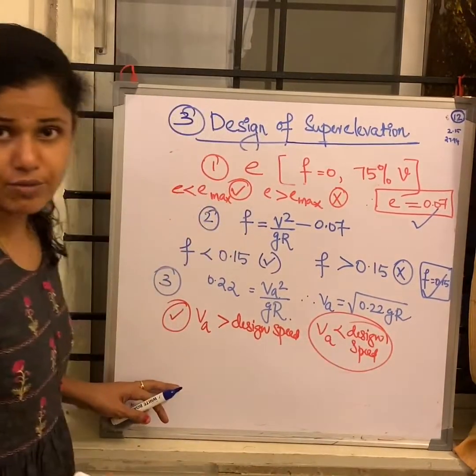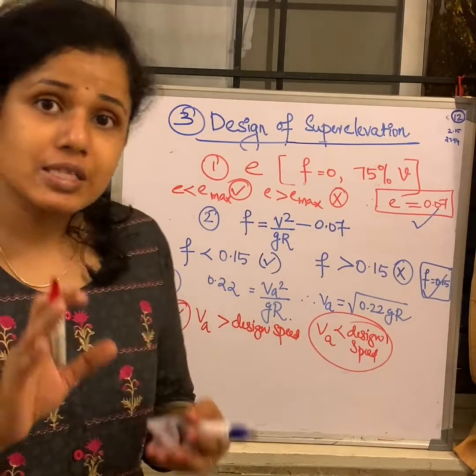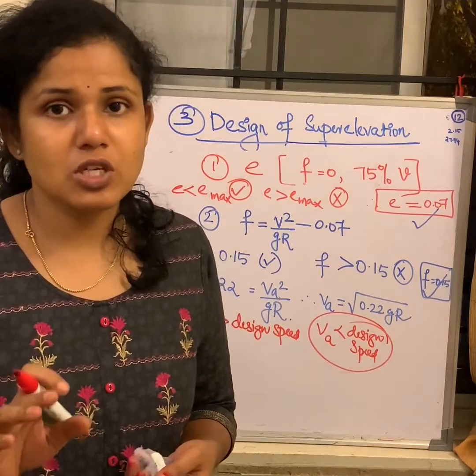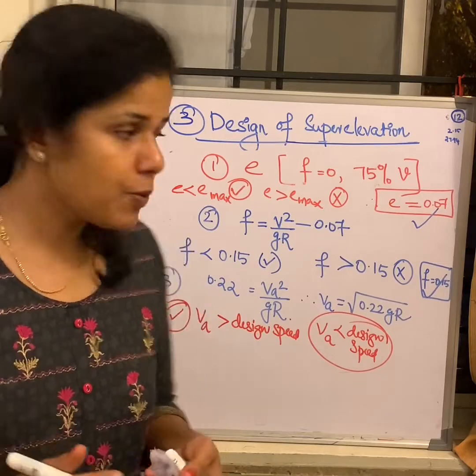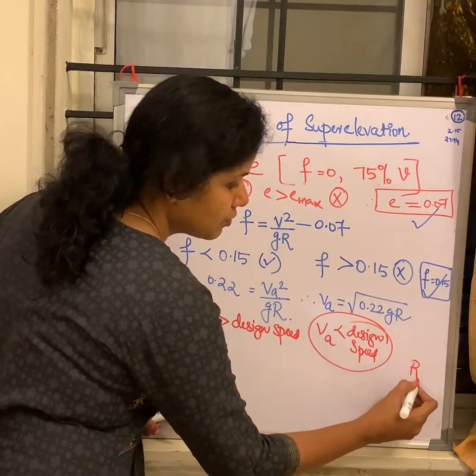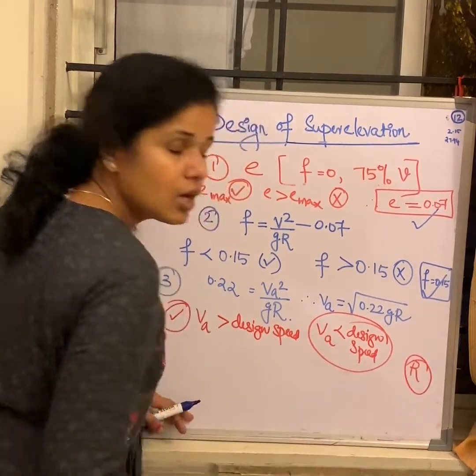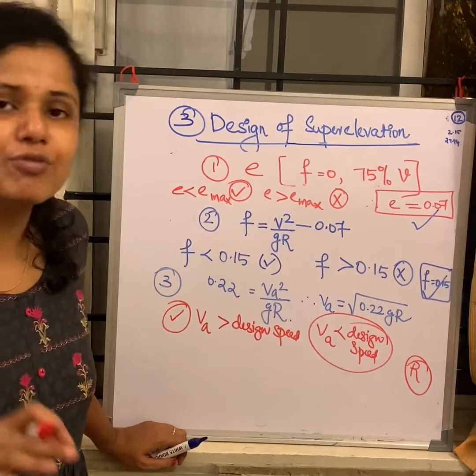This is not safe, right? So I have to provide enough warning signs or speed restriction messages to people to make sure about the safety. The other possibility is that you can think about increasing your turning radius, if a realignment is possible.